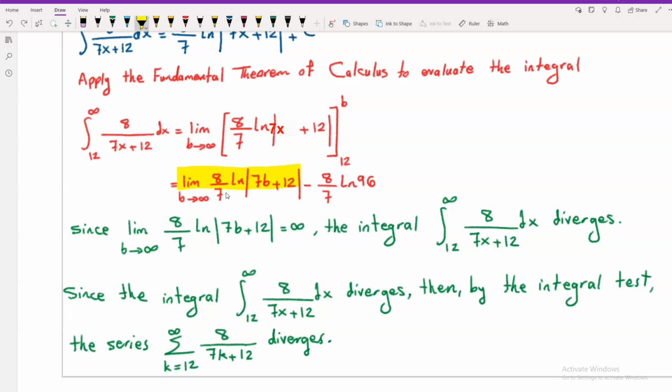So this part is equal to infinity. Since the limit of 8 over 7 natural log of the absolute value of 7b plus 12 as b approaches infinity is equal to infinity, the integral of 8 over 7x plus 12 dx from 12 to infinity diverges. Since the integral diverges, by the integral test the series sum of 8 over 7k plus 12, k from 12 to infinity, diverges.